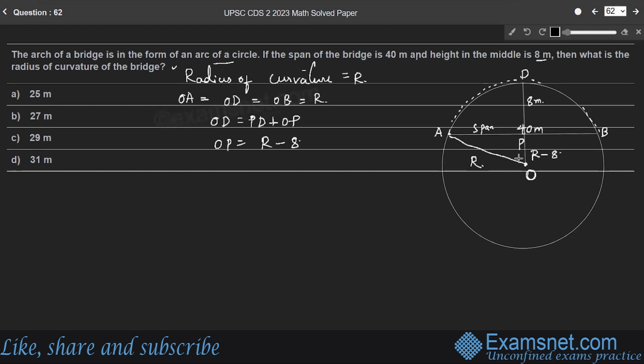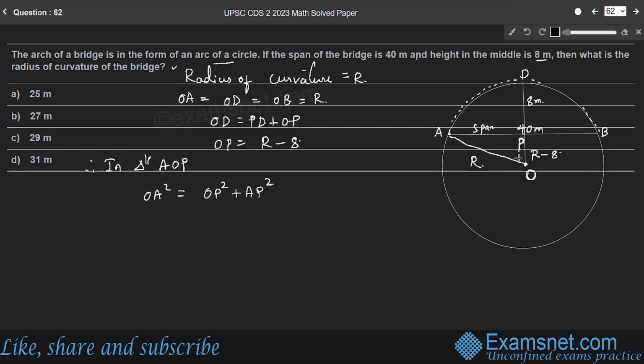Why do we need this? To find the radius of curvature, because when you take triangle AOP, we can easily find AO. In triangle AOP, OA square is equal to OP square plus AP square.